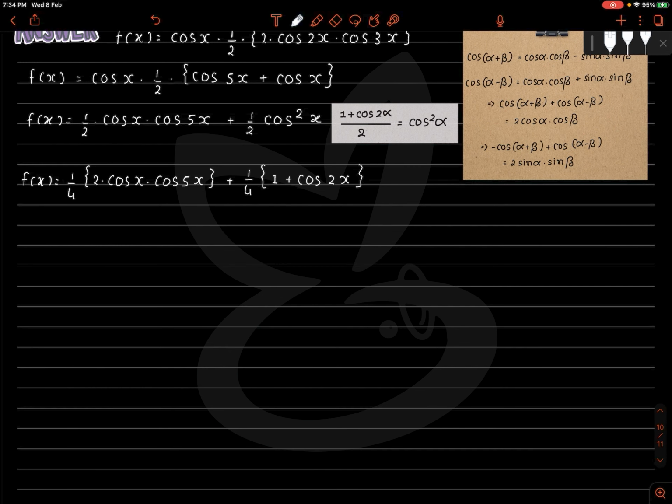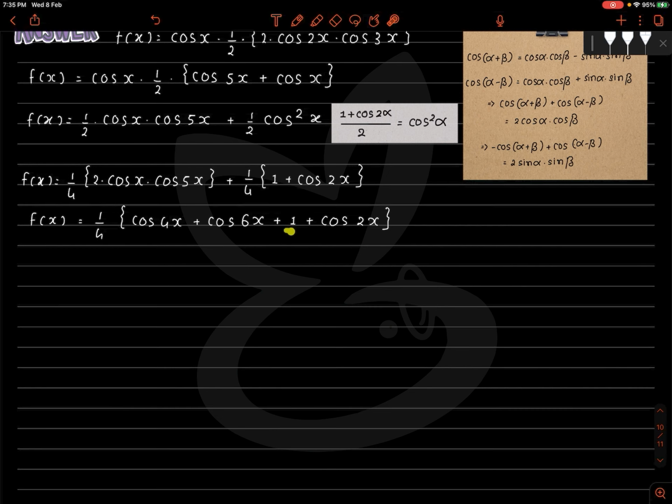We can take 1/4 common from both of these functions, and we will get f of x is equal to 1/4 of, this would become cos 4x plus cos 6x plus 1 plus cos 2x.